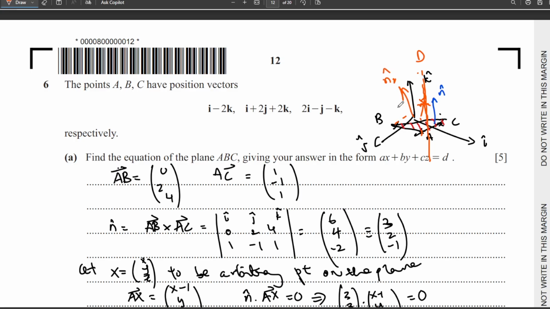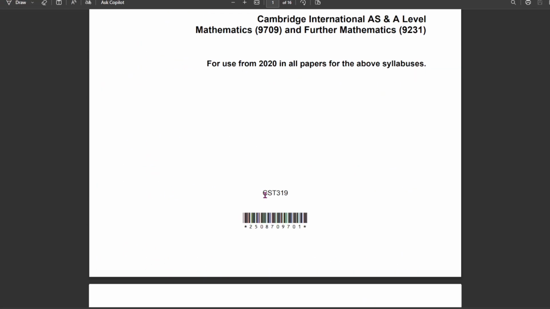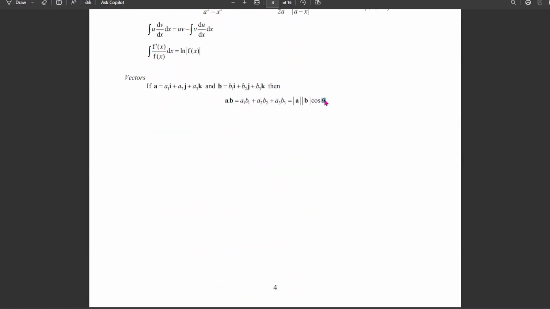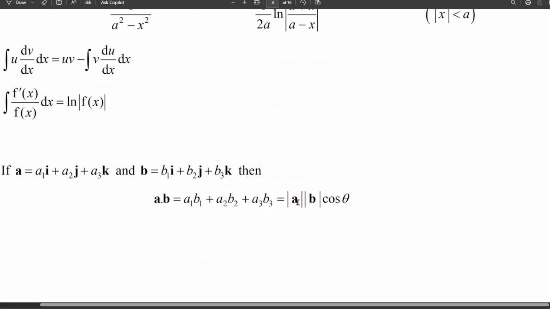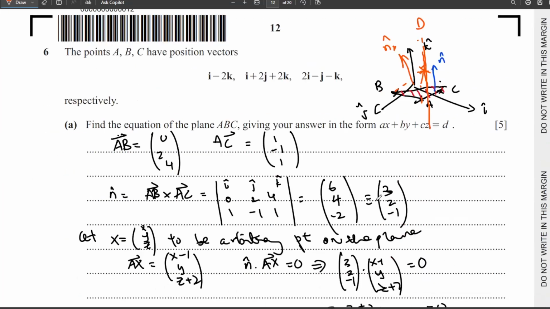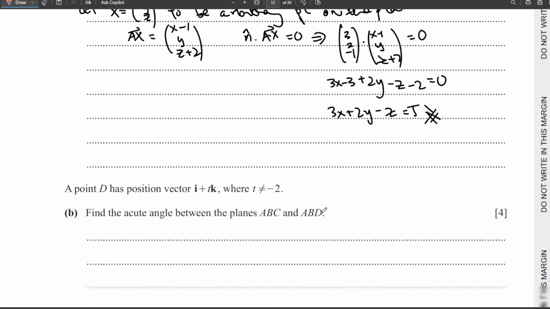All we need to do is then take the dot product of these two, and we can use the formula sheet here. Where's the dot product? Down here. We do the dot product and equate it with cosine theta times the magnitudes, so that you can solve for the theta value.